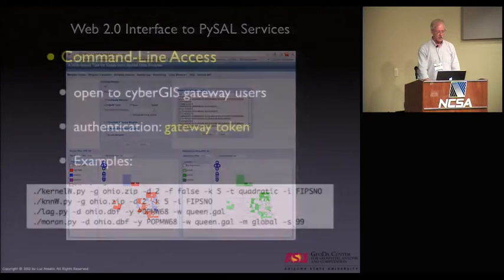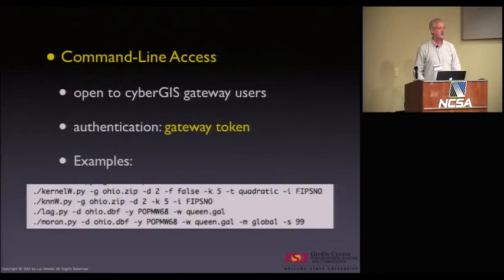And in addition, you can also access it from a command line level. Now, this is kind of clunky, but it does give you all the power of accessing all the options and flags and other opportunities built into the functionality of PySAL.